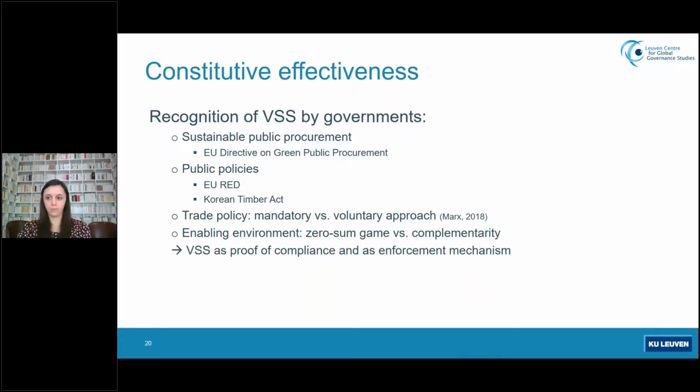We also see that in any case, one VSS is always active within a state's jurisdiction, so the relationship between private and public regulation cannot be either or, as some authors said, because VSS is always subject to a state's regulation. But of course, states can create an enabling environment for VSS through their different public policies. This can be social policy, economic policy, fiscal policy, etc.